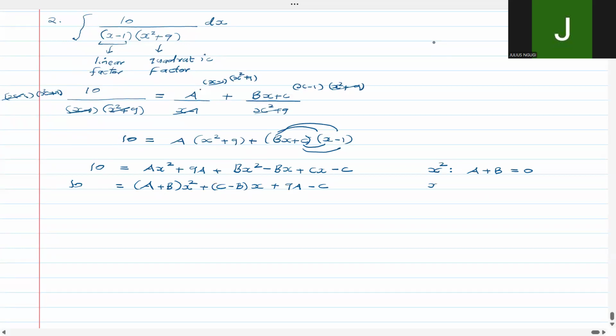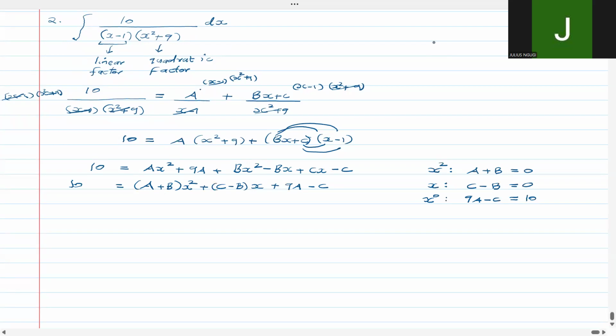The coefficient of x on one side is C minus B. On the other side, again, we have nothing, so it's 0. And then the coefficient of the constant, x to the power 0, or the constants. On one side, the constant is 10. On the other side, the constant, they don't have an x, it's 9A minus C.